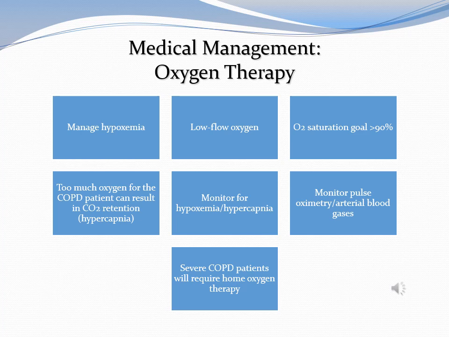In COPD patients, administering too much oxygen can result in the retention of carbon dioxide. The high O2 levels can then suppress CO2 chemoreceptors, which in turn would depress the respiratory drive and disrupt ventilation perfusion balance. So in COPD patients, the increased CO2 levels are what are driving the patient to breathe. So we don't want to over-oxygenate them and take away their drive to breathe.